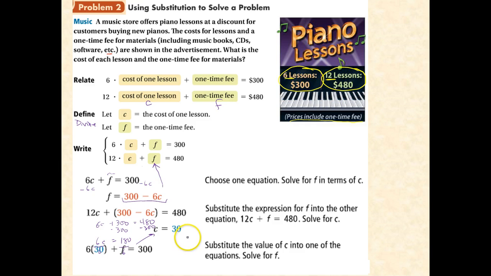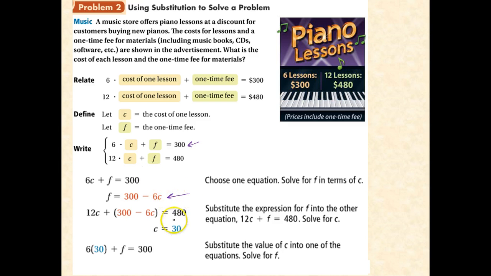Once you know C equals 30, you can plug that back into one of the original equations. Or even easier would be to plug it back into that equation, because that would just be 300 minus 6 times 30. You've already done the solving. 300 minus 180, which equals 120.